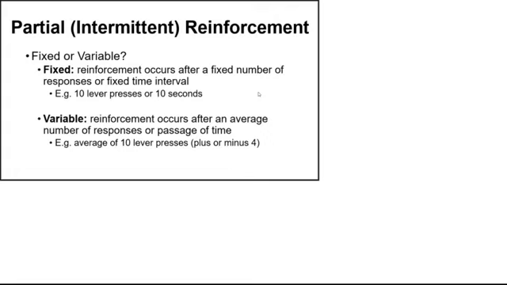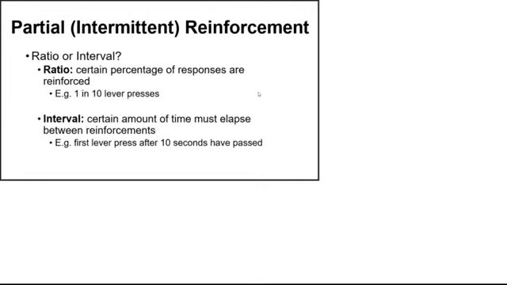So if we say 10 lever presses plus or minus 4, that means that the rat might get food as soon as 6 lever presses in, or they might have to wait as long as 14 lever presses in. Because of that span, because it's not a hard rule, we call it variable reinforcement. Okay, so that's our first question, fixed or variable.